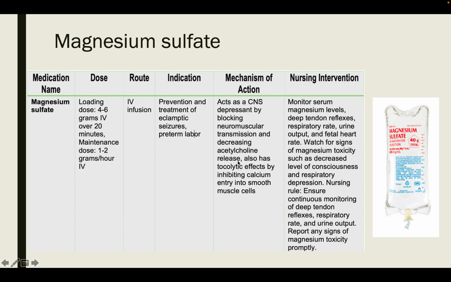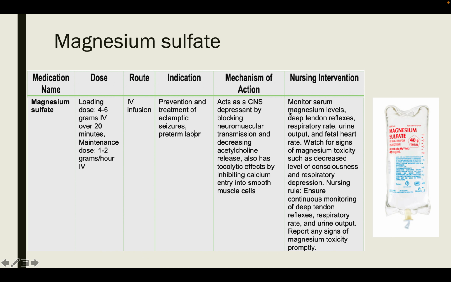So from the way I'm talking about it, it's a serious medication that might cause serious adverse reactions if it becomes toxic, or if the level of this medication becomes more than what we need in the body. So as nurses, we always need to monitor the serum magnesium level.